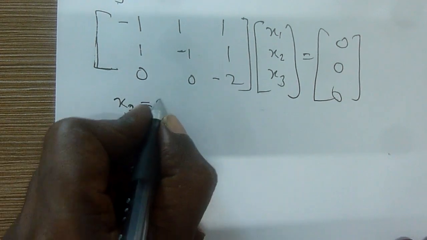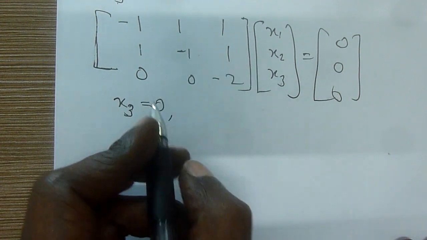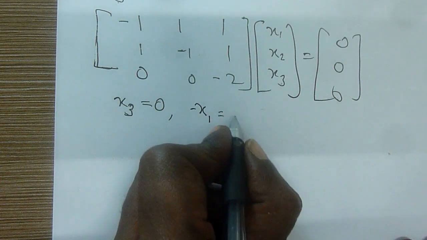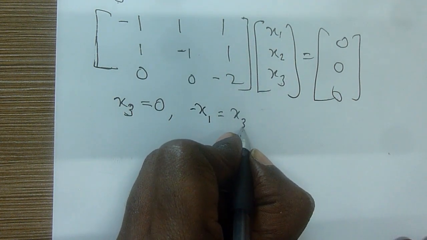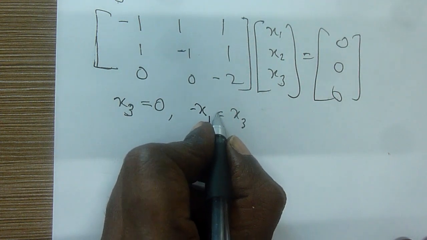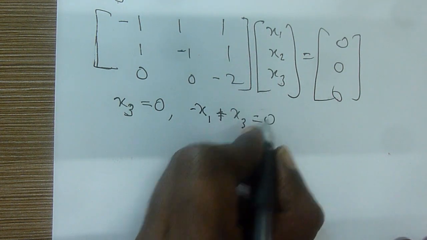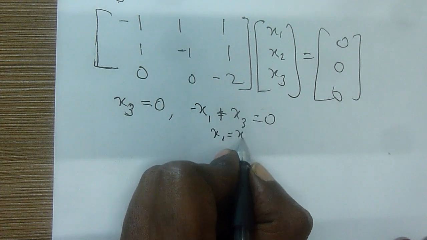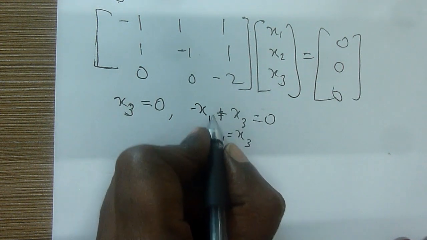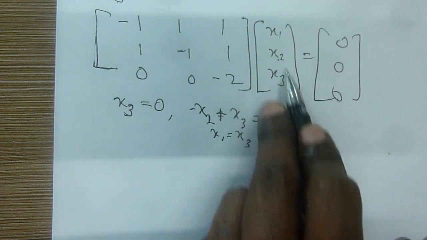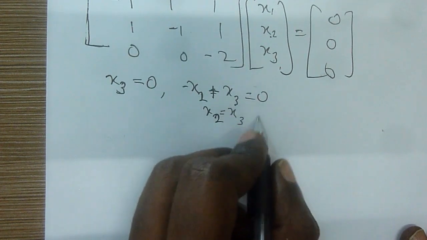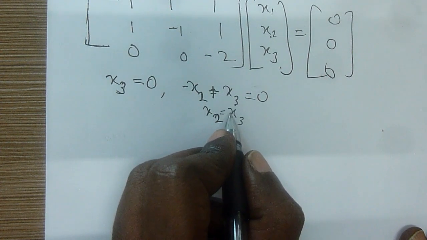Of course, then we know negative x1 equals to x3 plus x2 is a 0, therefore both are the same, x2, therefore both are 0 as well.